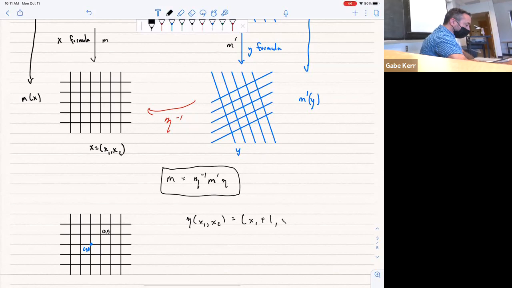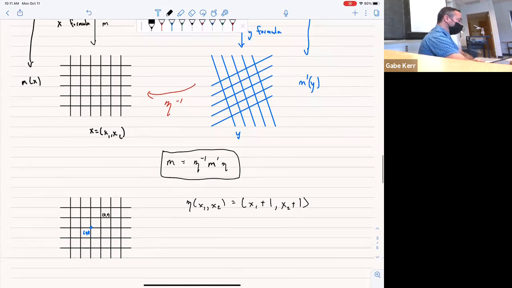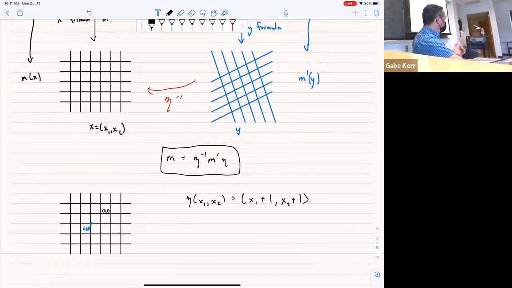Like this will send the origin to 1, 1 in your coordinates. We'll translate everything down. But we don't want to think of it as a translation. I just want to think of it as rewriting the coordinates so that they're the same points, but now they're in your coordinates.